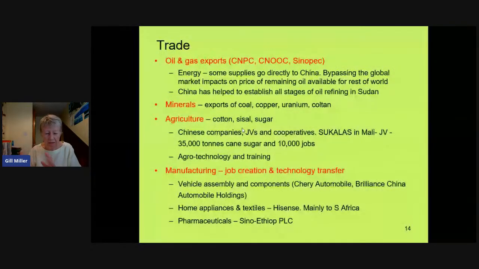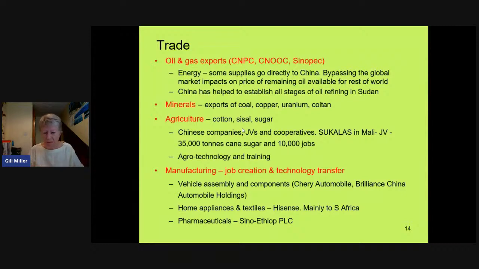So it's guaranteed trading. But also connected with oil and gas, one thing that China has been doing is not just getting the oil out of the ground and getting it to the port and exporting it, but part of the deal has been, you sell us your oil and we will help you develop all the other stages of oil manufacture and oil refining.